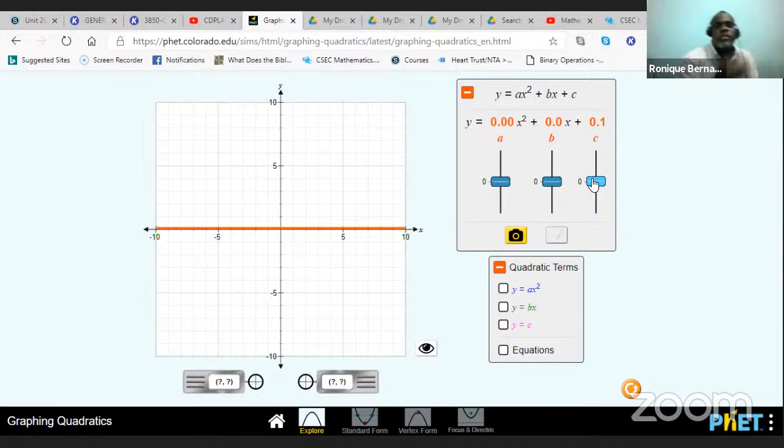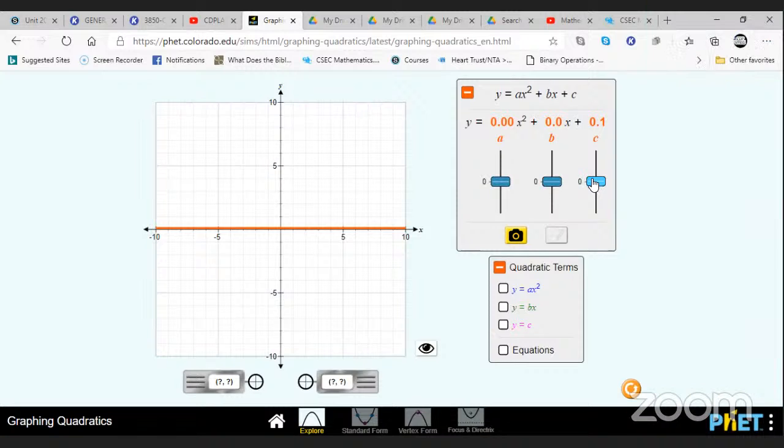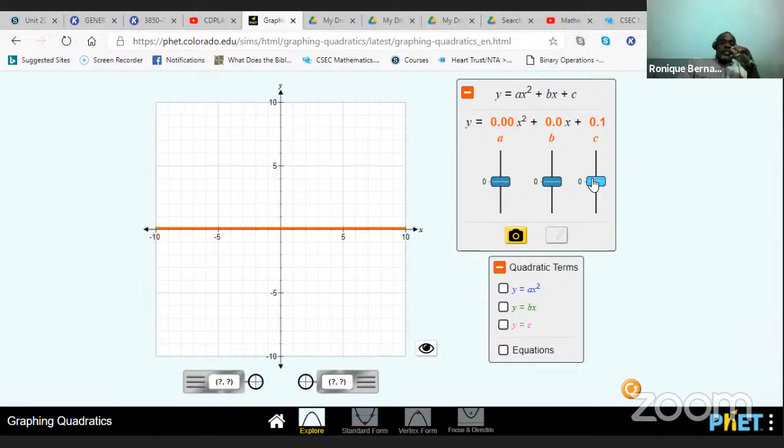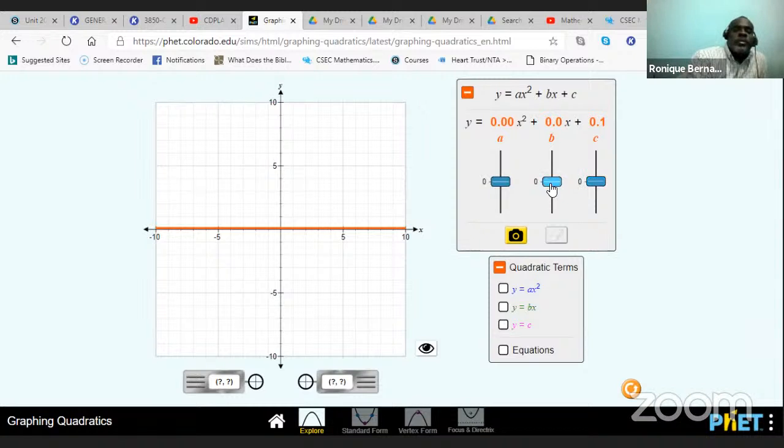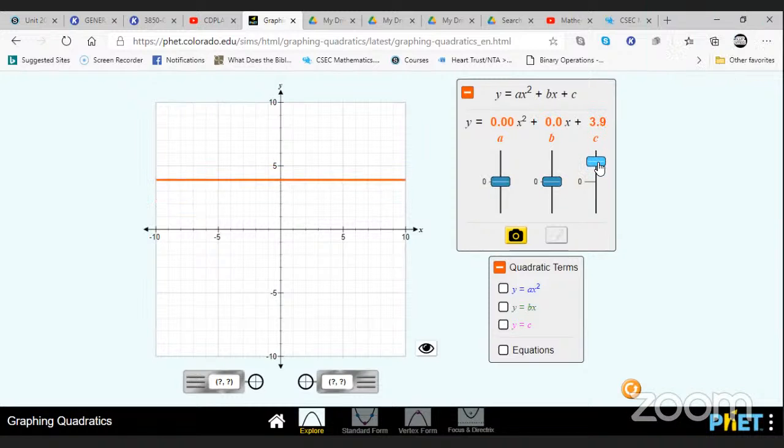All right. Any observation made? Do it again, with the graph. For which one? C. Any observations?